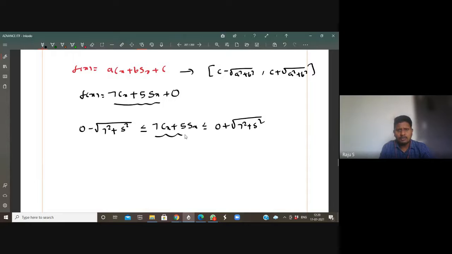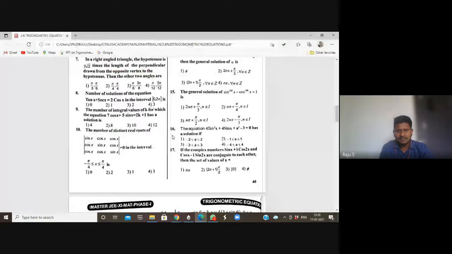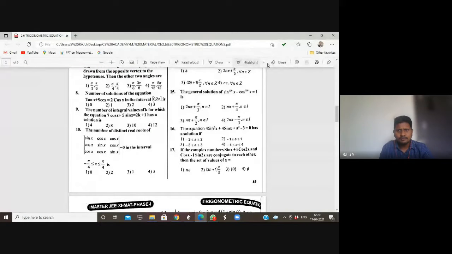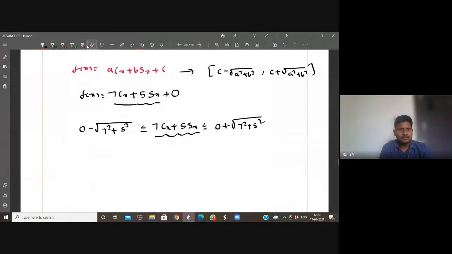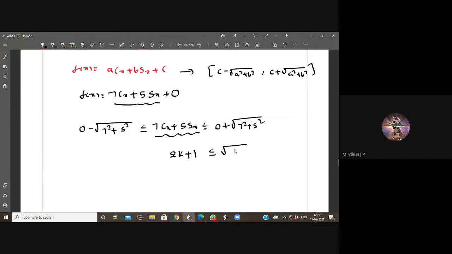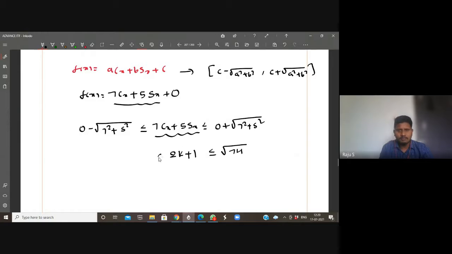What did they give as the value of 7 cos x plus 5 sin x? 2k plus 1. Right. Shall I replace it? Yes, we can replace. So 2k plus 1 is less than or equal to root of 7 square plus 5 square. That value is 74. Yes, exactly. Minus 74.